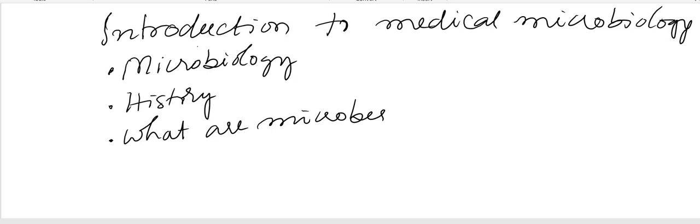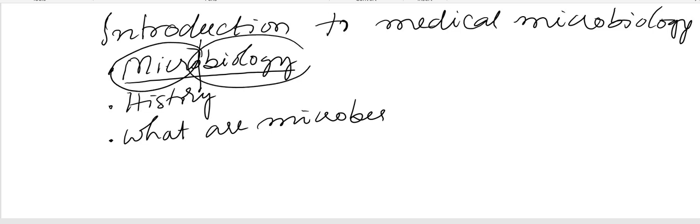First and foremost, coming to the word microbiology. Friends, it's very easy to understand because microbiology is made up of two words, micro plus biology. Micro refers to small, and biology, as you all know from high school, is the study of living organisms.